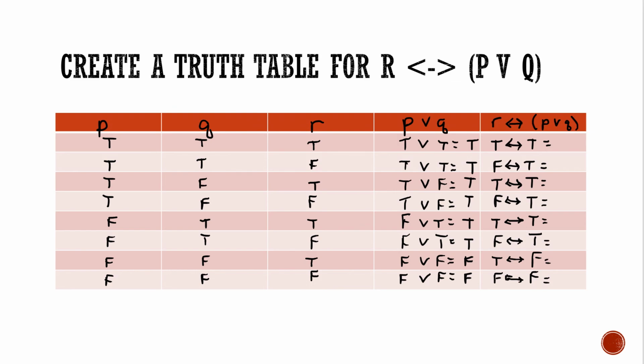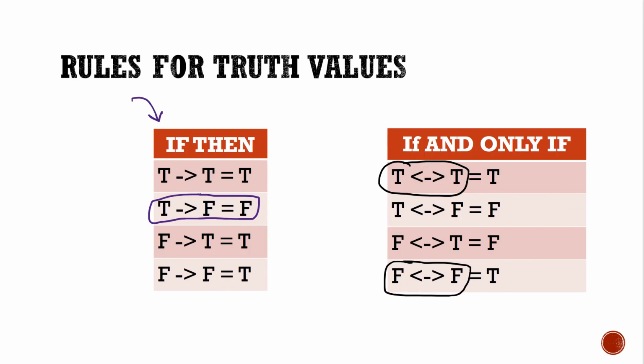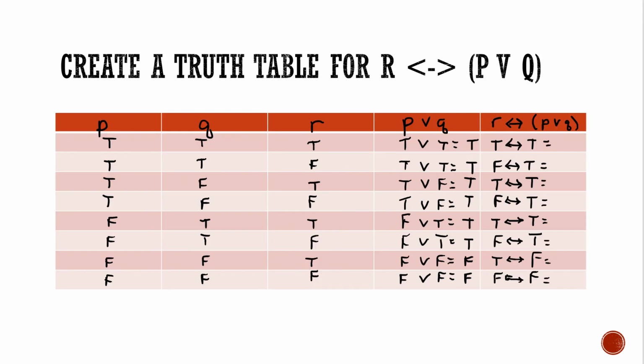Remember that the only way that a statement that is if and only if is true is if we have the same two things on the left. So two trues or two falses would be true. All right, so going back to our problem, this one would be true because it's two trues.